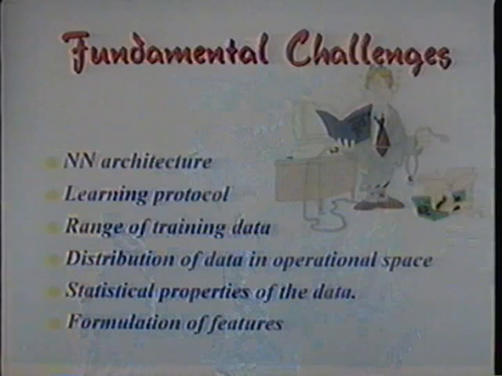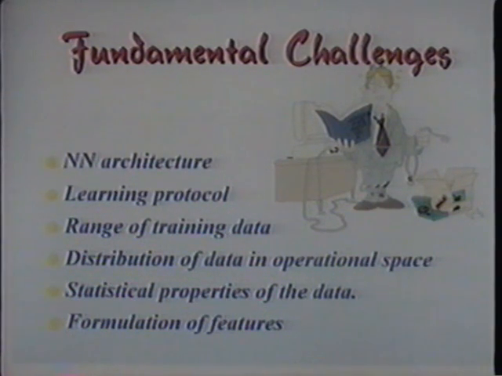The third point would be the range of training data. If you look at the training data that you are using for the neural network, you have to be concerned about the range of the data and the distribution of the data in the operational space.